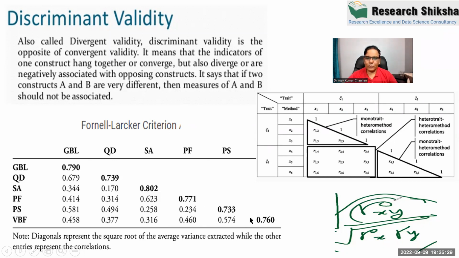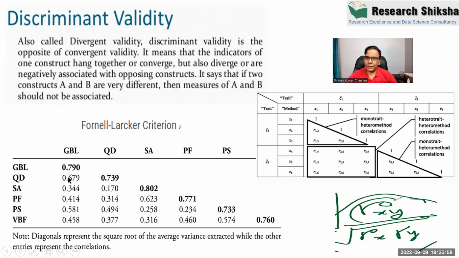The main diagonal, you can see the main diagonal is representing the bold numbers. These bold numbers are the square root of AVE. Like for example, 0.79 is the square root of the AVE of GBL. QD, this 0.739 is the square root of AVE of QD. So the first number in every column is the square root of the AVE.